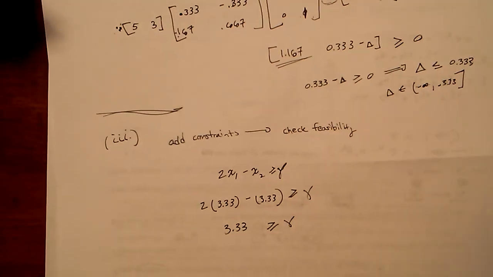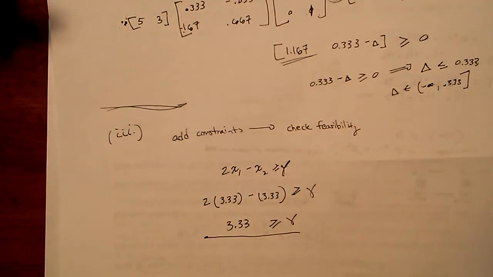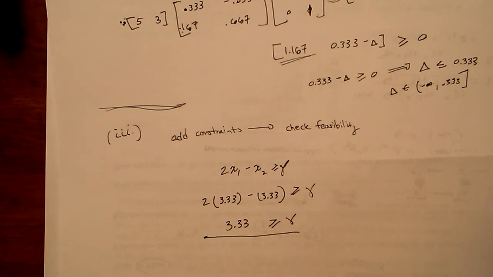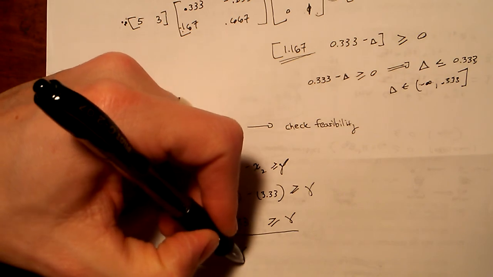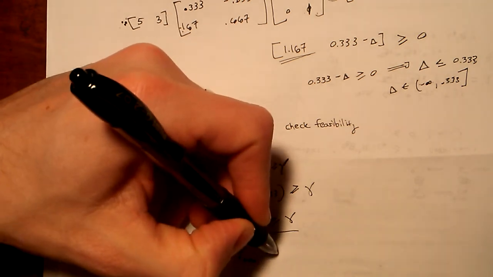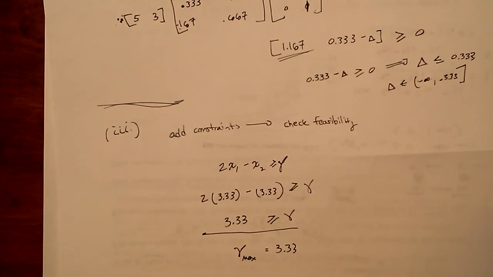So the question is, what's the maximum value gamma can take in order for this constraint to hold? And you'll quickly see that gamma max, let me call it, would equal 3.33. And that was all you needed to do for this last part. Again, there wasn't too much computation on any of these because I don't think that's something I'm trying to test in the exam.